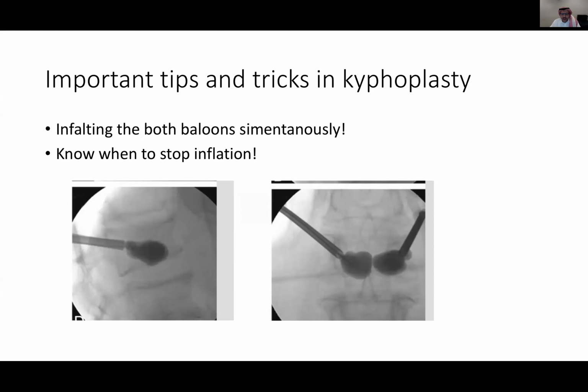So this is the perfect position of the ballooning. If one balloon pushes the cancellous bone to the other side, it will be pushed back by the other balloon, so it will be in the center. So try to do it simultaneously at the same time. And the best picture is if you're getting near kissing balloons.